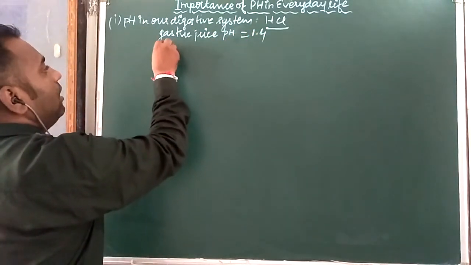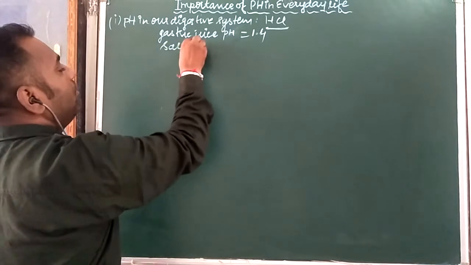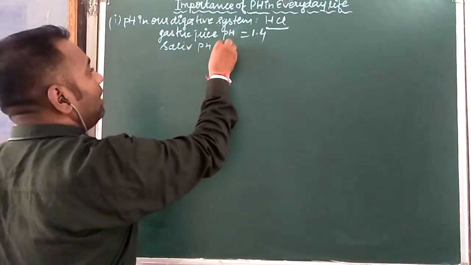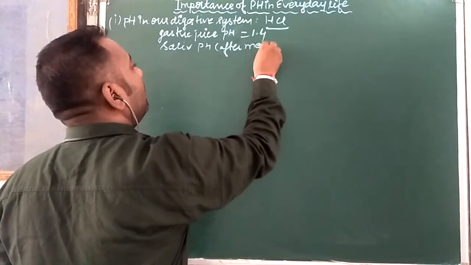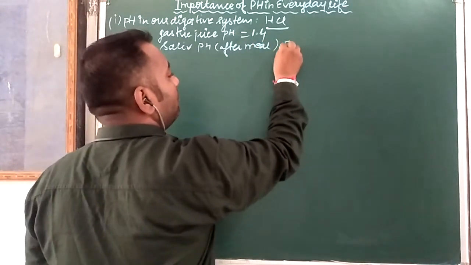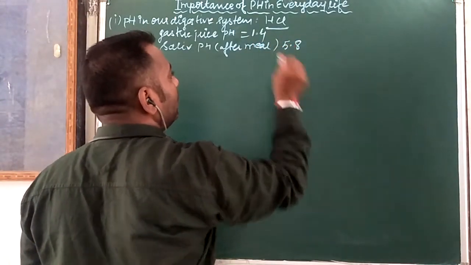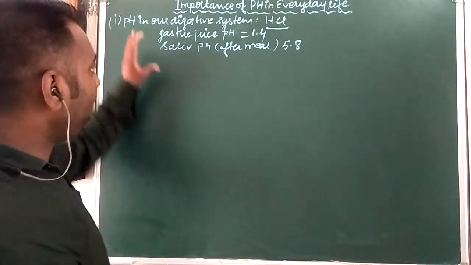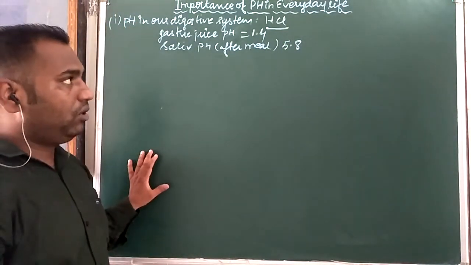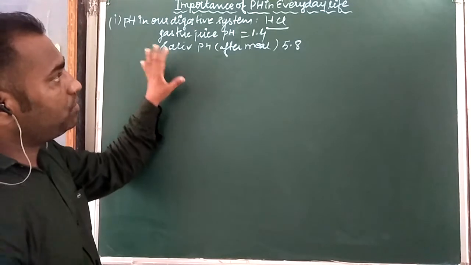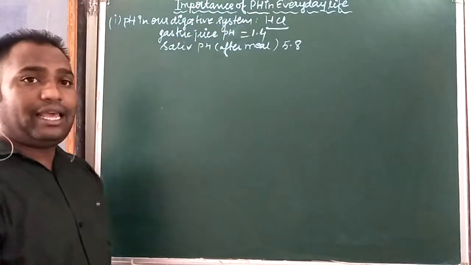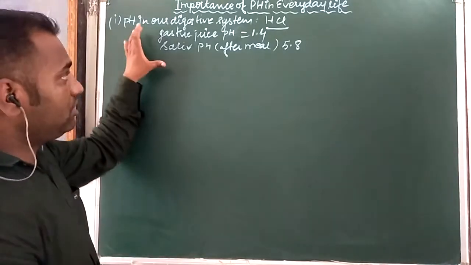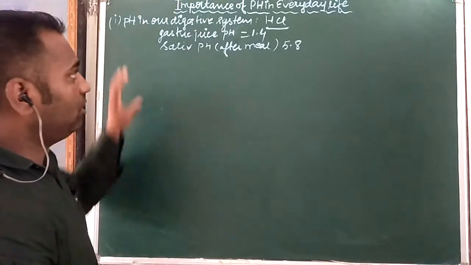You have seen that saliva pH, after a meal, which I am showing here only after a meal, is 5.8. Why am I writing these two pH values here? Only to focus your attention on the role of HCl in the digestive system, and HCl has a very low pH.